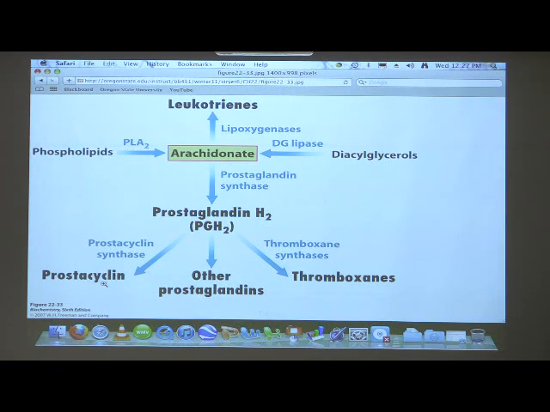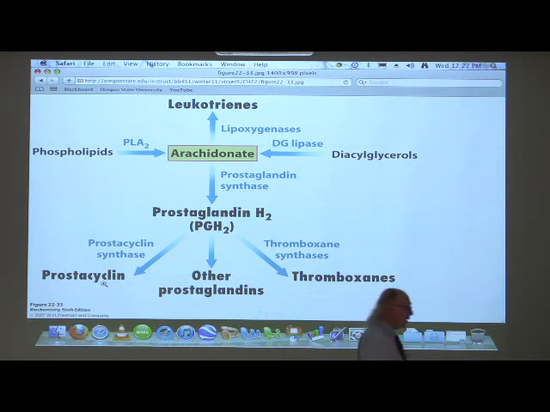We don't find hardly any free arachidonic acid around, either as arachidonic acid or as arachidonyl-CoA. The place where we find it is in the glycerophospholipids of the membrane. And there's a very good reason we don't see any of it free. Whenever we have it free, we convert it into prostaglandins.